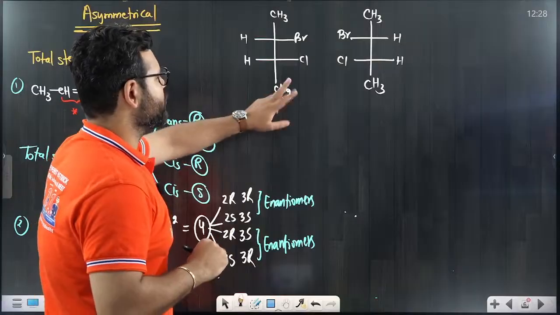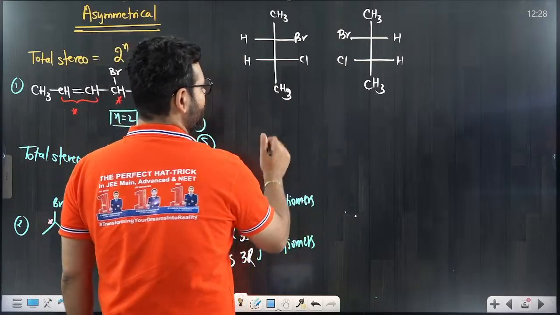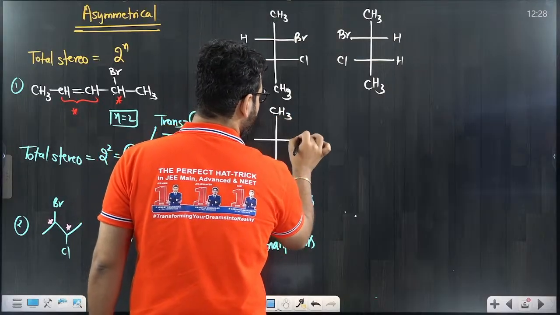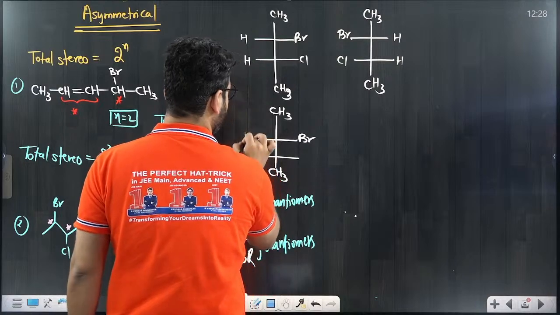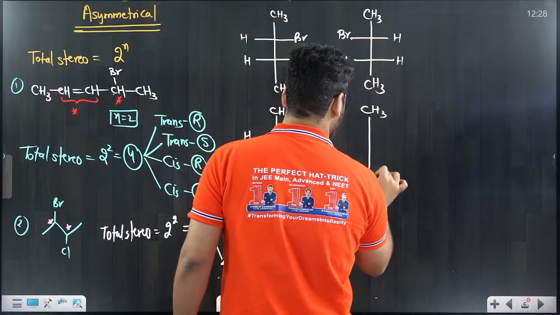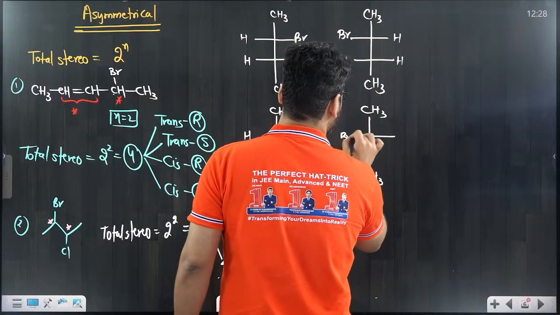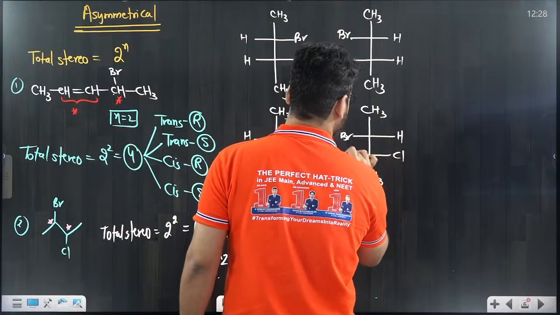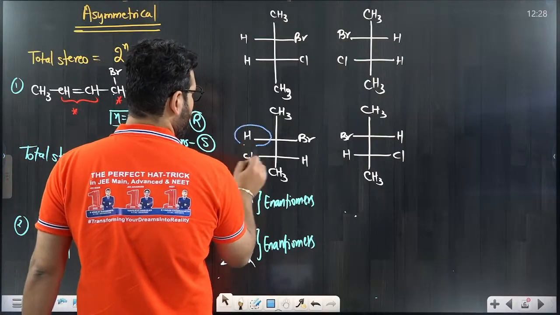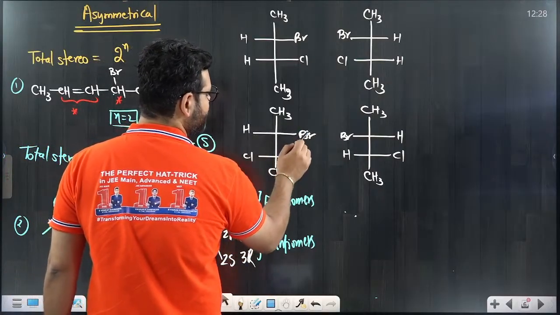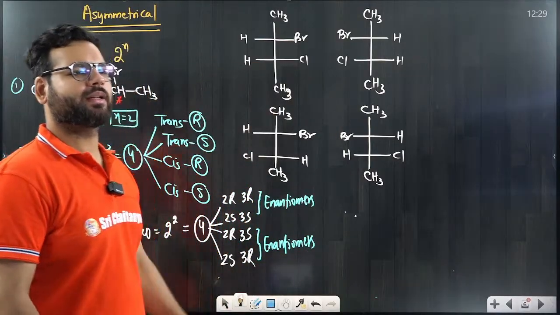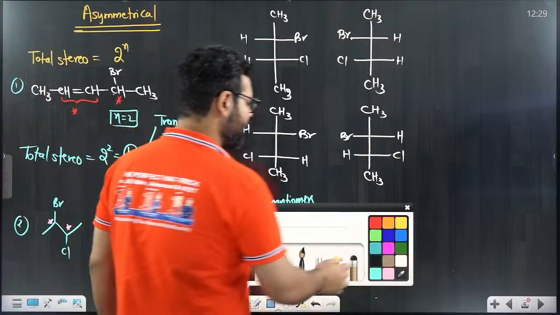So these two are enantiomers. Now I'll keep Br and Cl on different sides. One possibility is Br on the right, Cl on the left, and then its mirror image, which will be Br on the left and Cl on the right. So these are the four possibilities. Which one is which, you can check yourself. Which one is 2R,3R, then its mirror will be 2S,3S, and so on. All four are optically active.